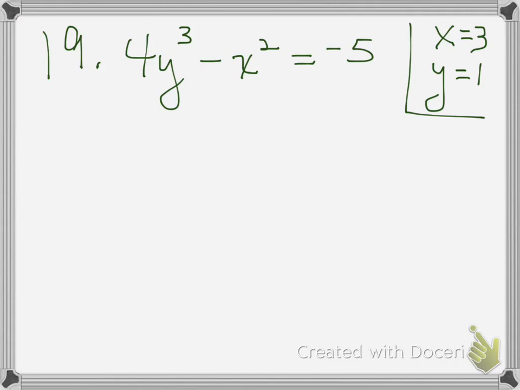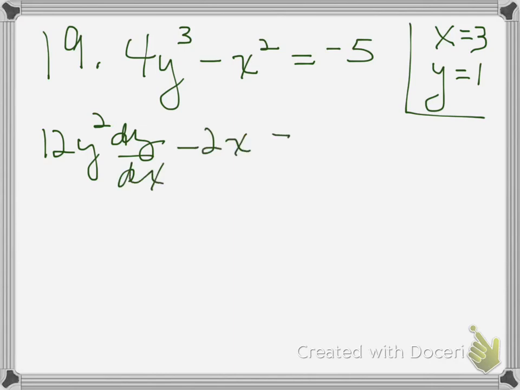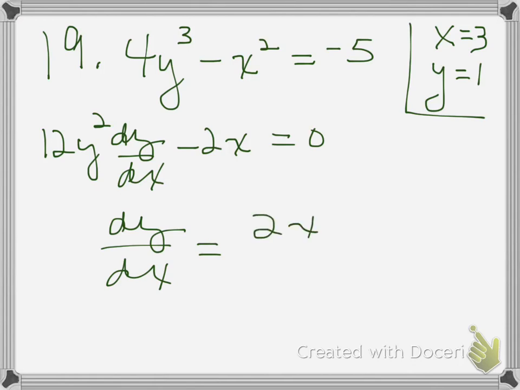Working from left to right, I have 12y squared dy dx minus 2x equals 0. So dy dx equals, move this, 2x divided by this.